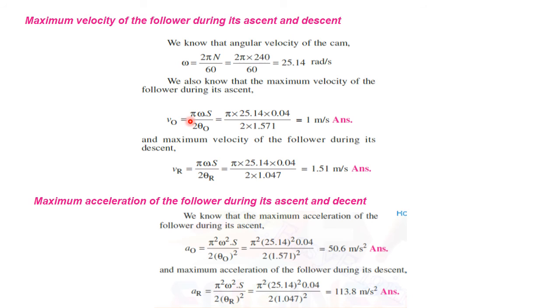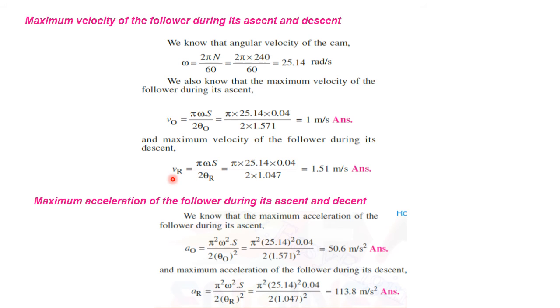The final value will be V naught is equal to pi omega S divided by 2 theta naught. Pi, you know, is 3.14, omega is already given as 25.14. The stroke length is 40 mm, converted into meters by dividing by 1000, divided by 2 multiplied by theta naught, the angle of the out stroke, 90 degrees. Therefore, the maximum linear speed of the out stroke is 1 meter per second.